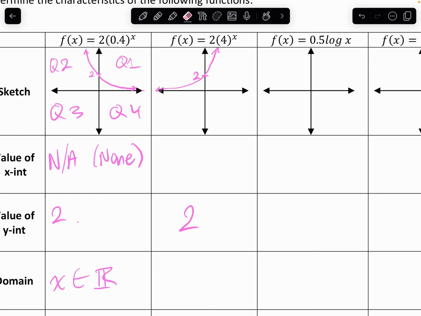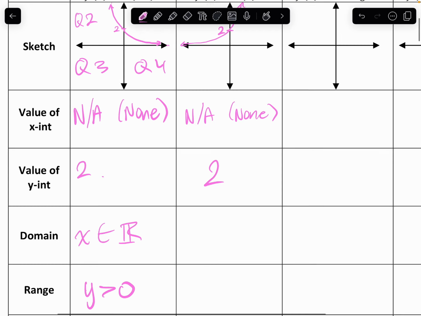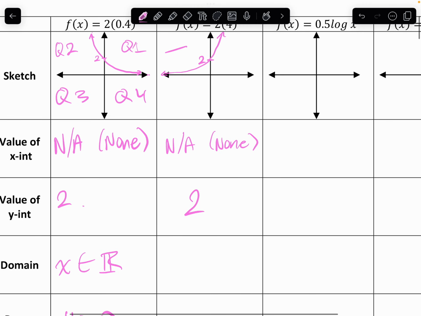How many x-intercepts are there? Well, exact same thing. It doesn't matter what numbers you put in, it's never going to go 0 or below 0. So this is n/a or none. There are no x-intercepts. And our domain, it can go that distance that way and that distance that way.